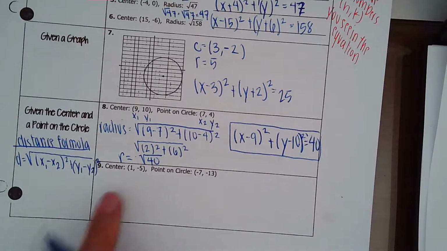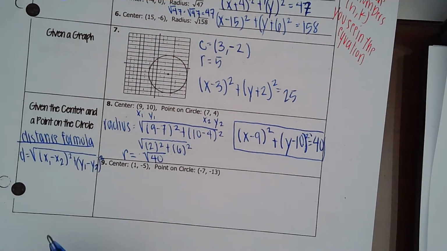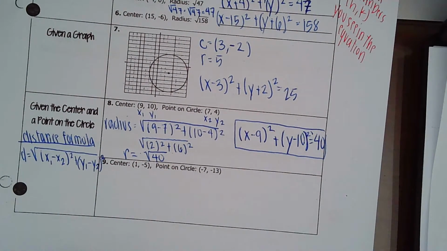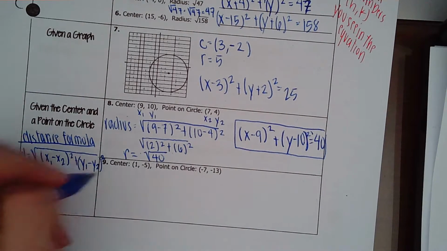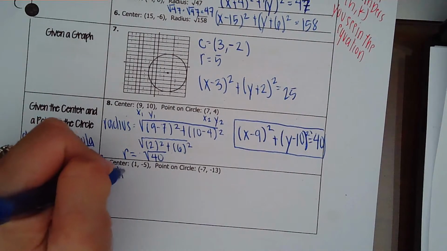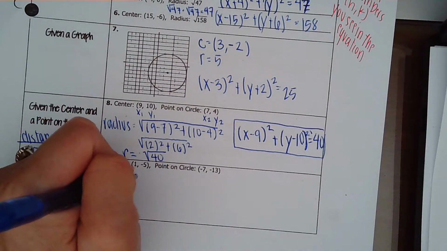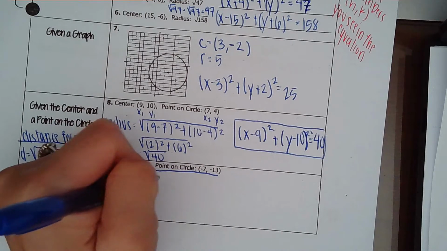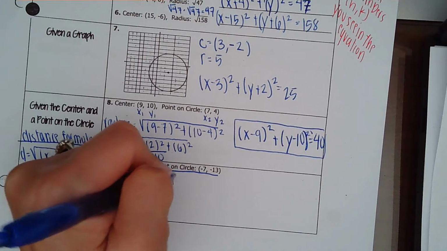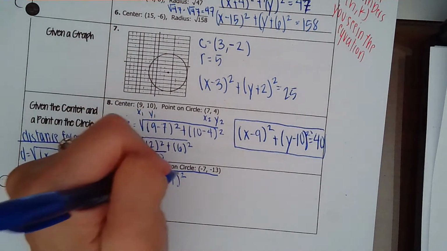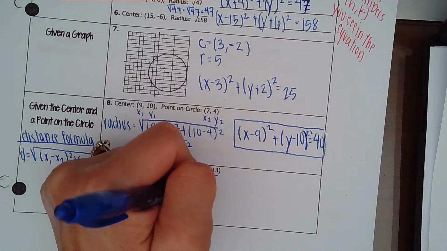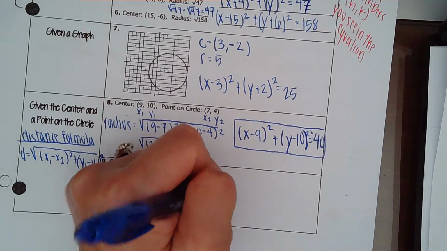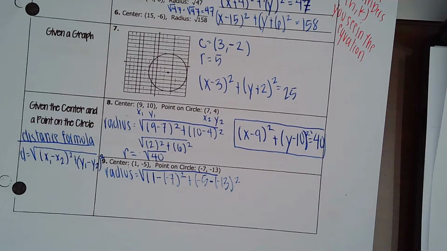Now, we're going to go ahead and do the same thing again. So we've got to find the distance between the center and a point on a circle. Okay, so again, we're going to find our radius by using the distance formula. That's going to be the square root of 1 minus negative 7 squared plus negative 5 minus negative 13 squared.